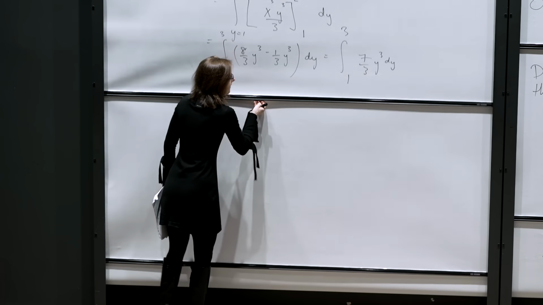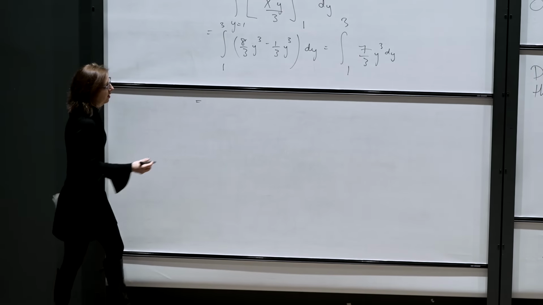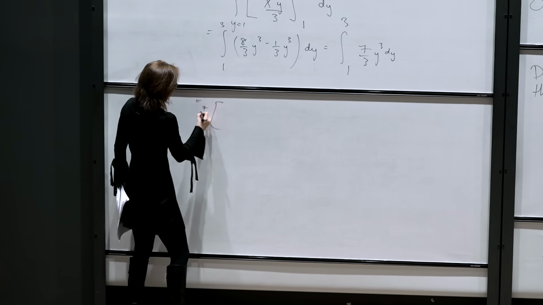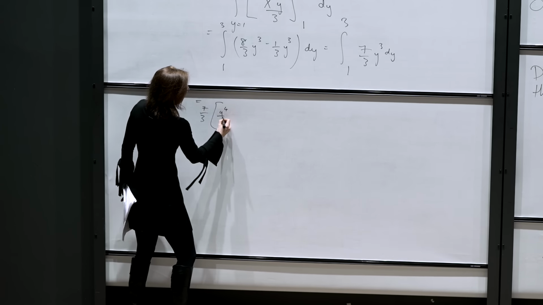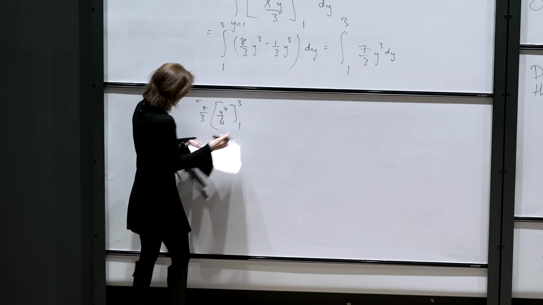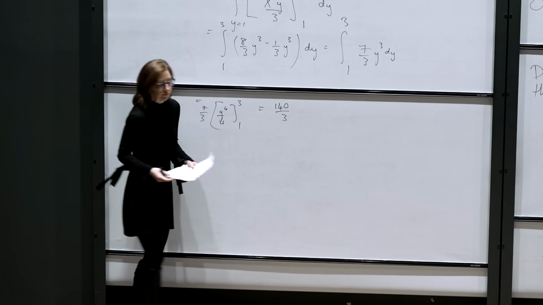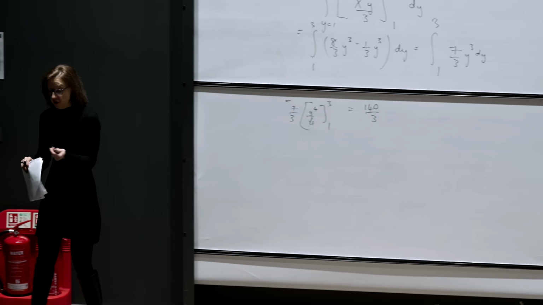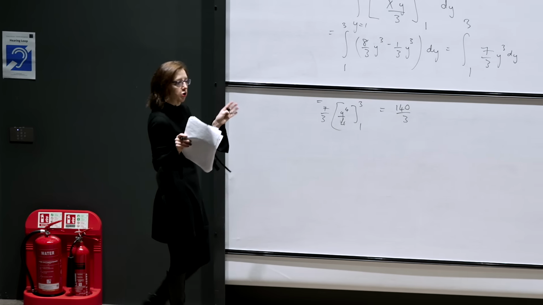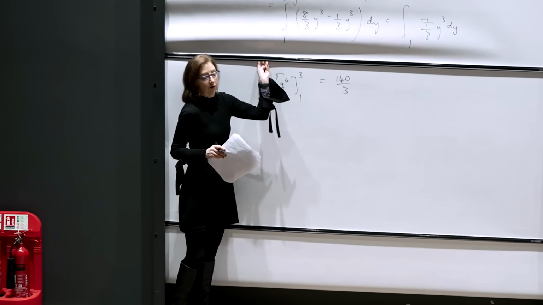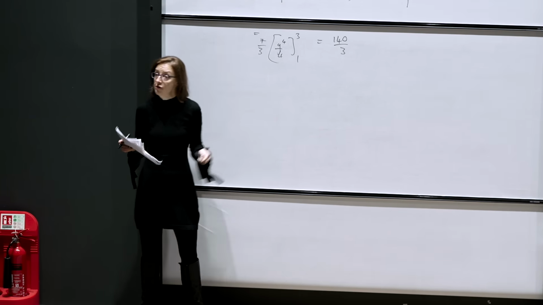Now I've got a very easy integral to do, just a single integral. So that becomes 7/3 times y to the 4 over 4 between 1 and 3, which is 140 over 3. The reason this integral was so straightforward is because the domain is so simple. The x and the y, if you like, are independent because you're integrating over a rectangular domain.